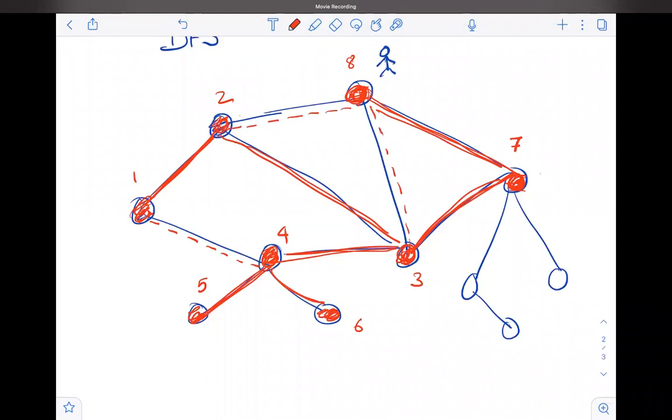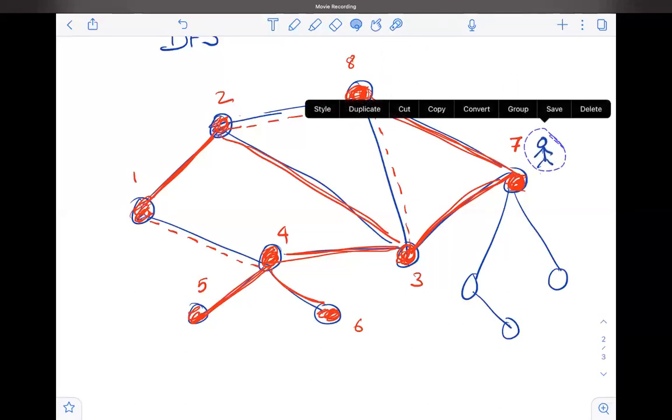So at this time, I have come to a vertex, and I can say that this vertex doesn't have any more neighbor to be found. So there is no new unexplored neighbor. At that time, I have to go back to 7. Then from 7, does 7 have some unexplored neighbor?